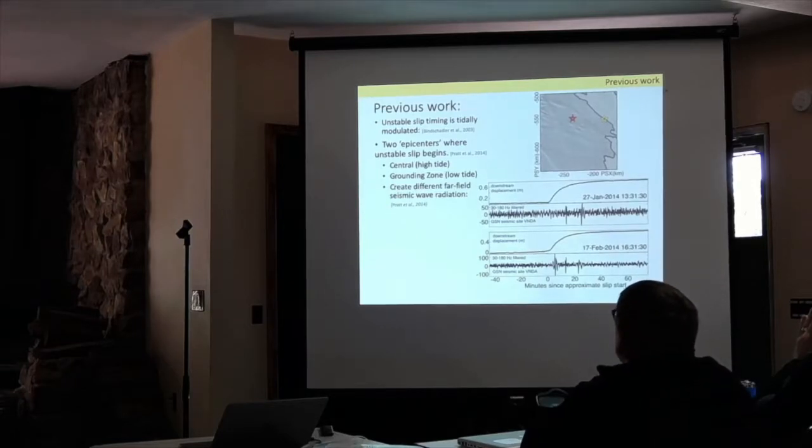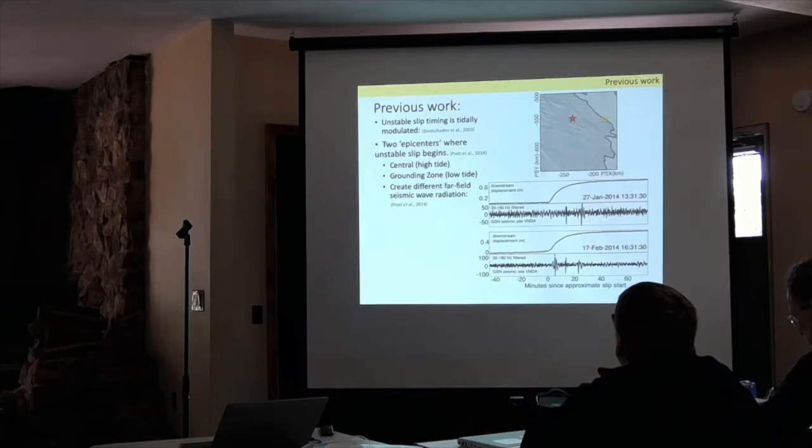What's kind of interesting about these two epicenters is that you can actually distinguish which one the slip starts at by looking at far-field seismic waves recorded in the Dry Valleys, thousands of kilometers away. So for two slip events in early 2014, we have downstream displacement and far-field seismic wave radiation for two hours around the event.